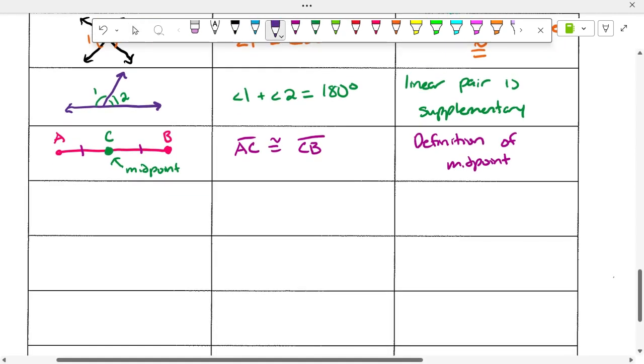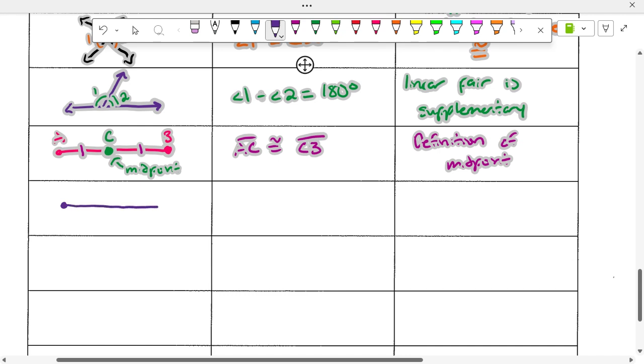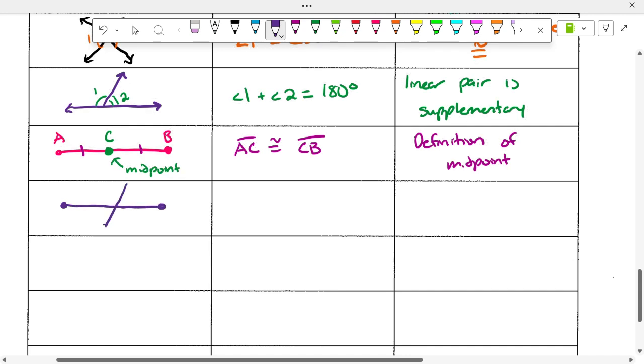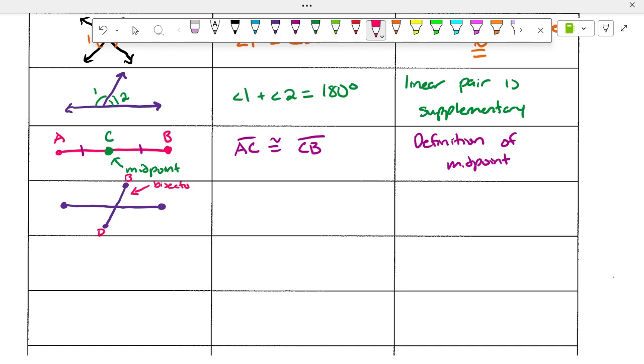You can also say that about a segment bisector. So let's say that this line, BD, was a bisector. So if BD bisects AC, what does that mean? We talked about this yesterday.